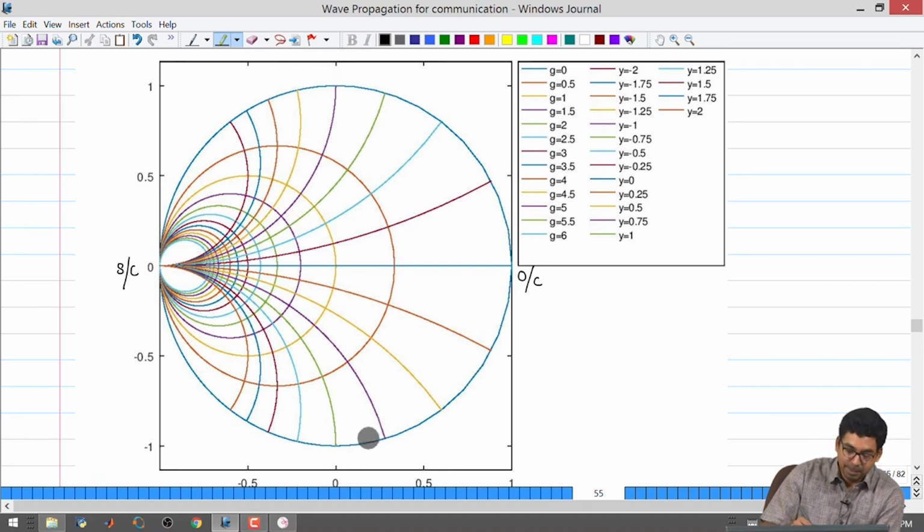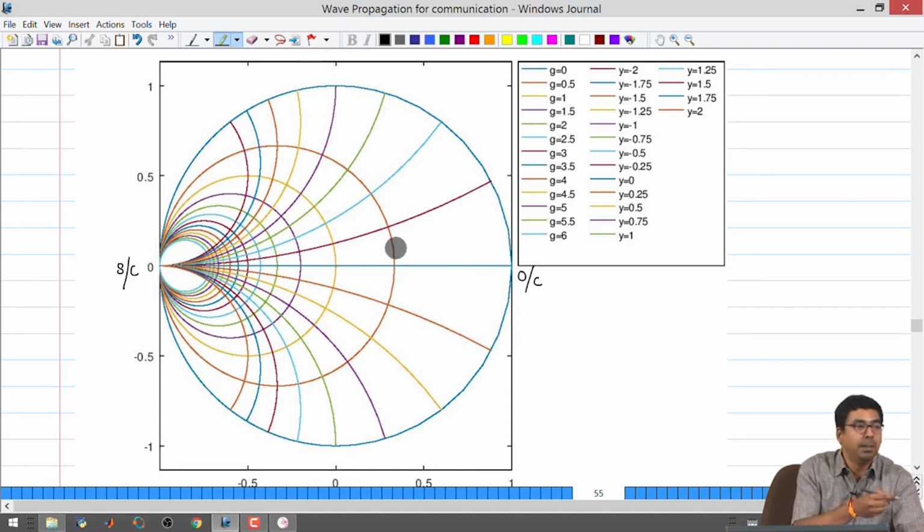Similarly, as you keep on increasing the value of G from 0 to 0.5 to 1, 1.5 all the way up to infinity, the radius of the circle shrinks to 0, and the circle center itself moves to the leftmost position.